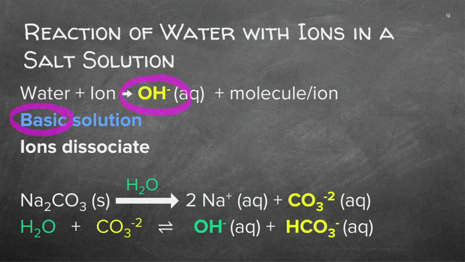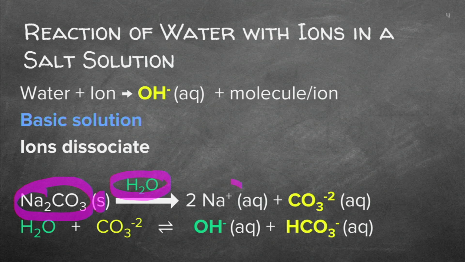Let's have a look at this one. Here I've got the water and the ion. I've got hydroxide forming. Can you see that? Not hydronium. And again, it's dissociation. So let's have a look at the example. I've got sodium carbonate. I'm dissolving it in water. It's a solid.